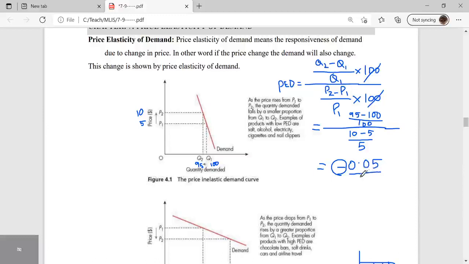So see, the value over here is less than 1, so it will be inelastic. And if the value was more than 1, then it will be elastic. From the graph you can say this is inelastic, and from this value you can also say this is inelastic. So there are different methods by which you can identify whether your graph or your product is elastic or inelastic.